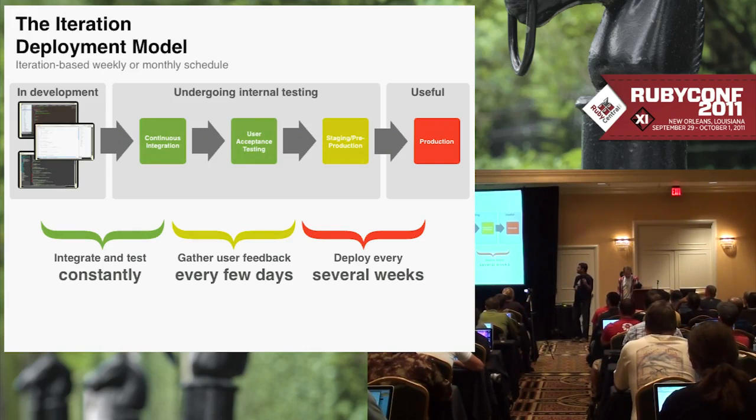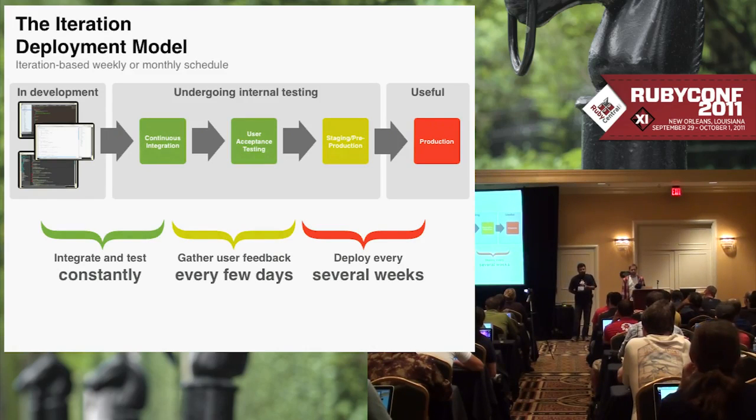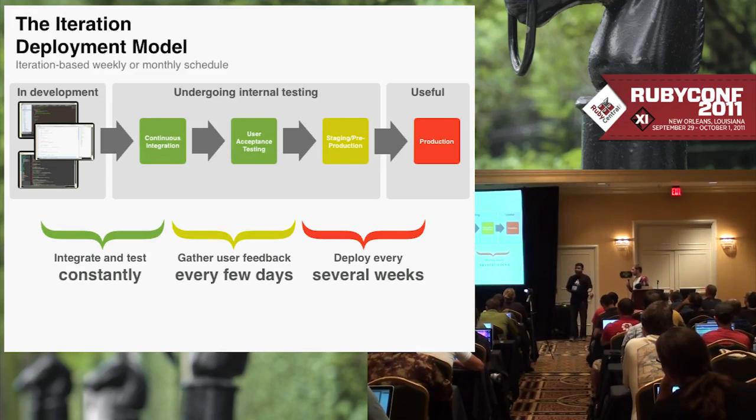We keep pushing this stuff out to some sort of testing environment. Maybe the testers can pull down the code and test it on their own machines, and we gather customer feedback once every few days, and actually push to production once an iteration, maybe a little rarer than that, an iteration being typically 1 week or 2 weeks. We thought that was definitely an improvement. Everyone saw value in that.